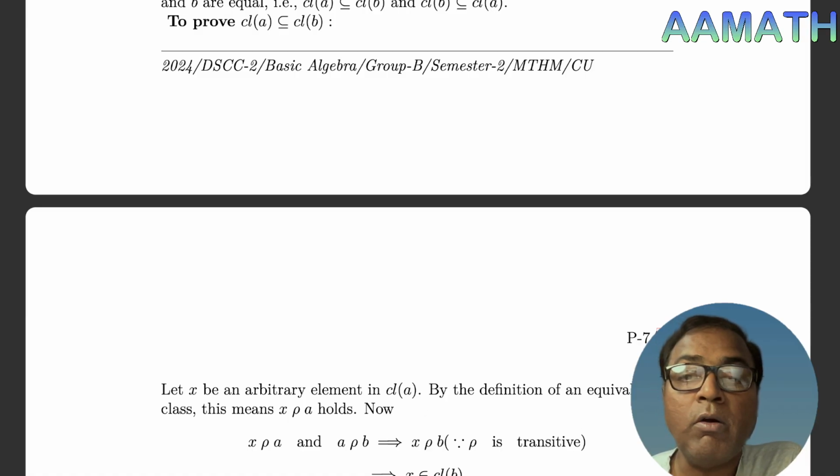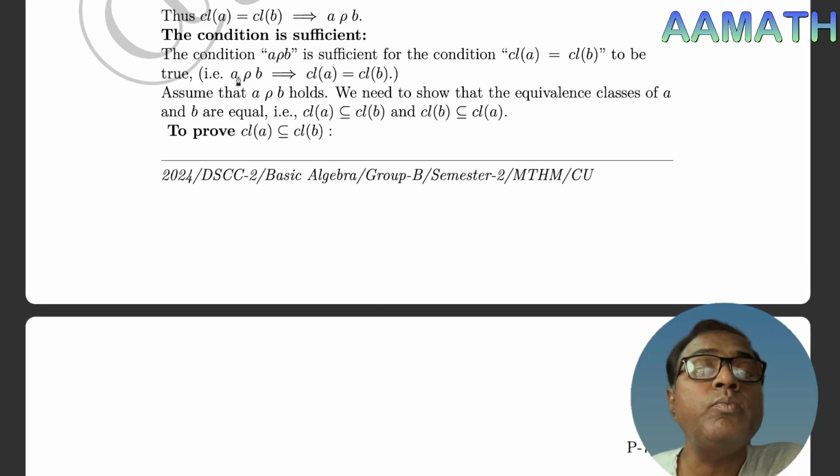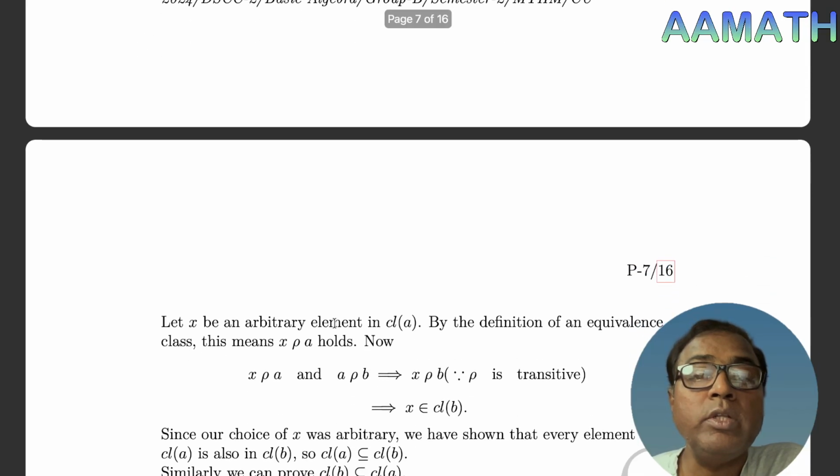By the definition of an equivalence class, x ρ A holds. So x ρ A and A ρ B, because we assumed A ρ B holds. So this implies x ρ B because ρ is transitive.